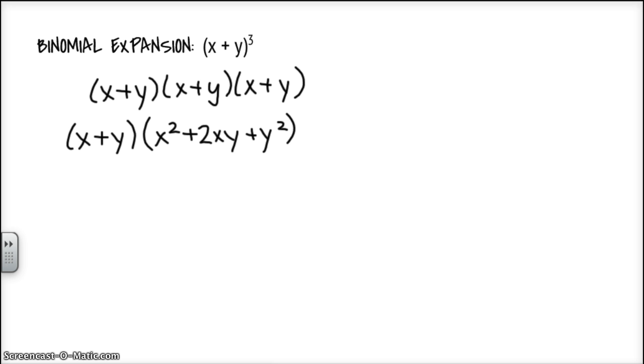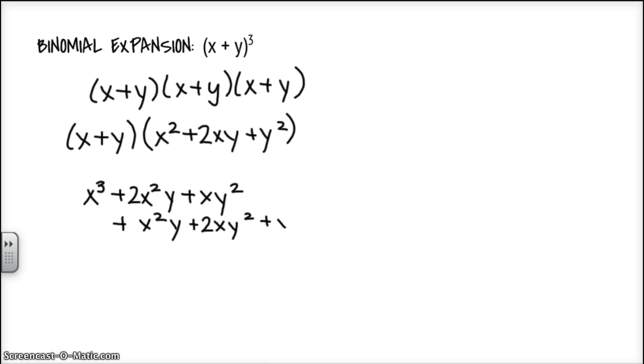And then we could go full distributive property on steroids, and basically our final answer would look like x to the third plus 2x squared y plus xy squared plus x squared y plus 2xy squared plus y to the third. Our final answer would be x to the third plus 3x squared y plus 3xy squared plus y to the third. Okay, obviously I did a lot of things kind of quickly right there, but that's not too terrible.